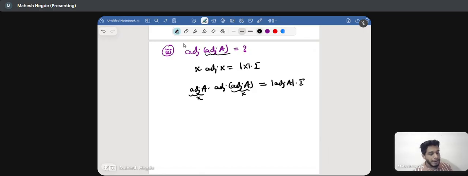Again, I don't want this adjoint of A on the left hand side. So to get rid of it, I can pre-multiply the whole equation with A matrix, so that the new equation becomes A into adjoint of A into adjoint of adjoint of A is equal to, we know the result, determinant of adjoint of A, which is determinant of A power n minus 1, into, since I have pre-multiplied with A, A into identity matrix.